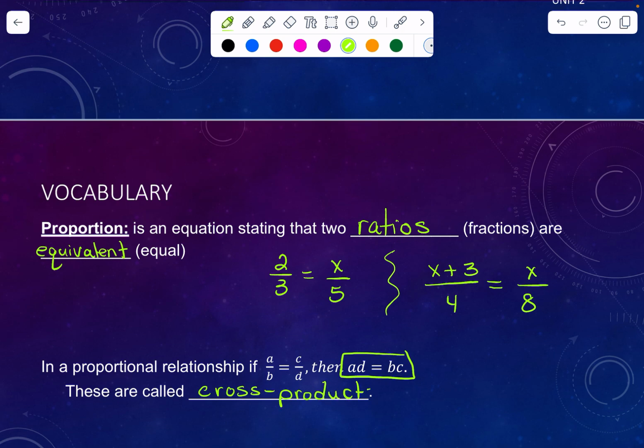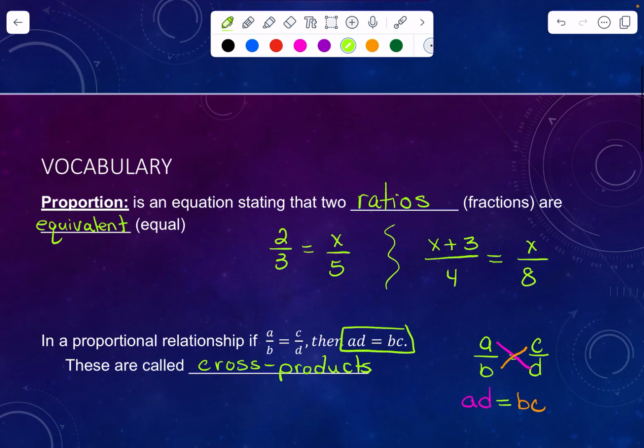The way that we find cross products is we take A over B equals C over D, and we go A times D, and B times C, and we set those two equal to each other. That's what we mean when we say cross products. We take the top left times the bottom right, bottom left times the top right.